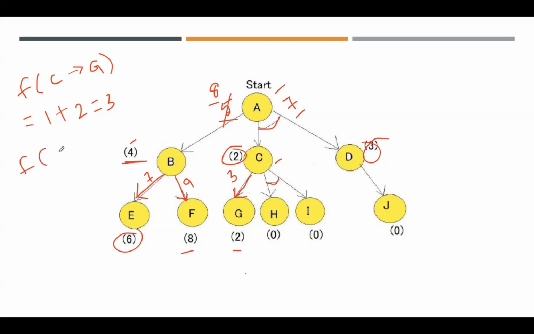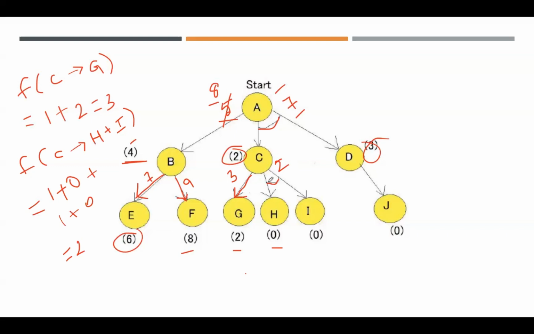Calculate f of C to H plus I, or H and I. Here G of H is 1, H of H is 0, G of I is 1, H of I is 0. So it gives you 2. So this value is 2.